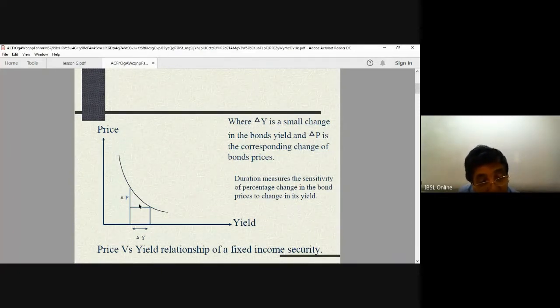So if a yield change is higher than 150 basis points, then we need to use the convexity adjustment for these sensitivity calculations. That is the principle I want to convey to you.